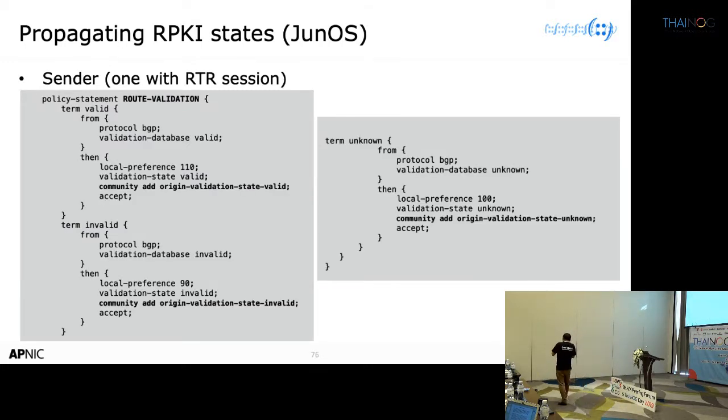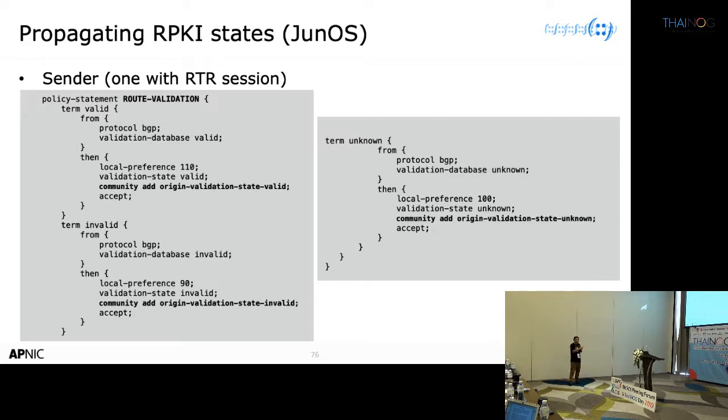Juniper is the same, though Juniper does it a bit differently. The concept is again the same. Remember the route maps that we were creating earlier? We were interpreting things from the BGP database and then looking at the validation database. If it's valid, then we set the preference in the earlier example. So here you add an extra line: you just add that origin validation community to it.